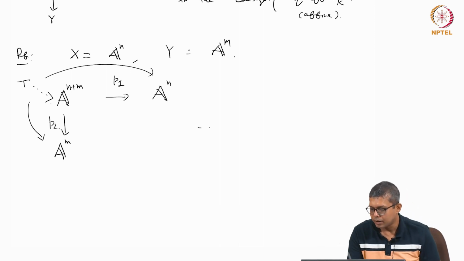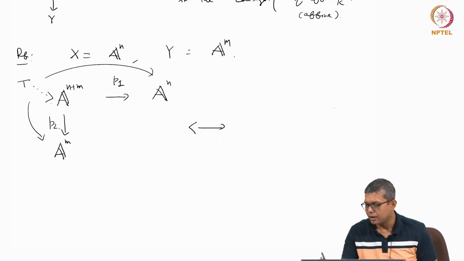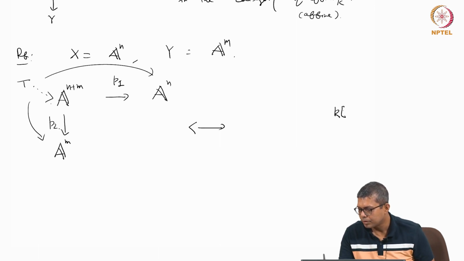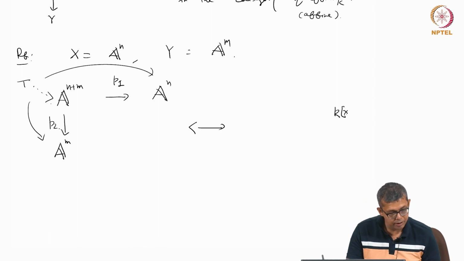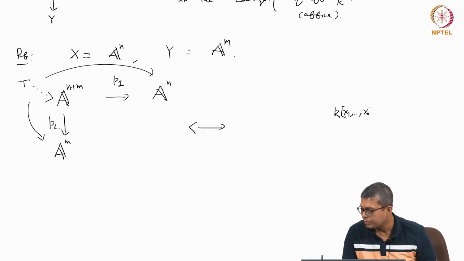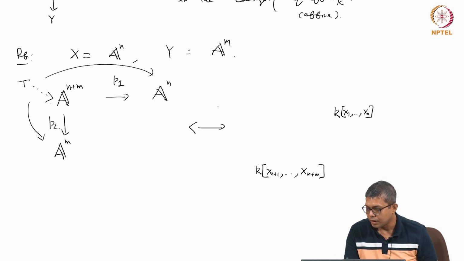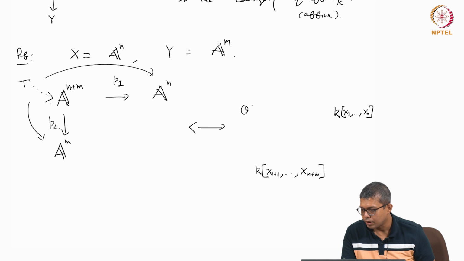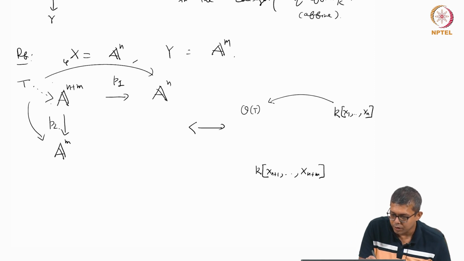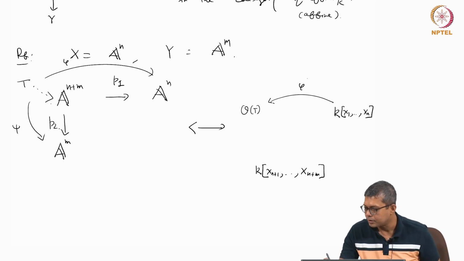So if you use that, then you have a map from K[x1, x2, ..., xn], and here I write K[xn+1, ..., xn+m], and here I have O_T, so I have this map. If I call them phi and psi, then this is phi upper star, and this is psi upper star.